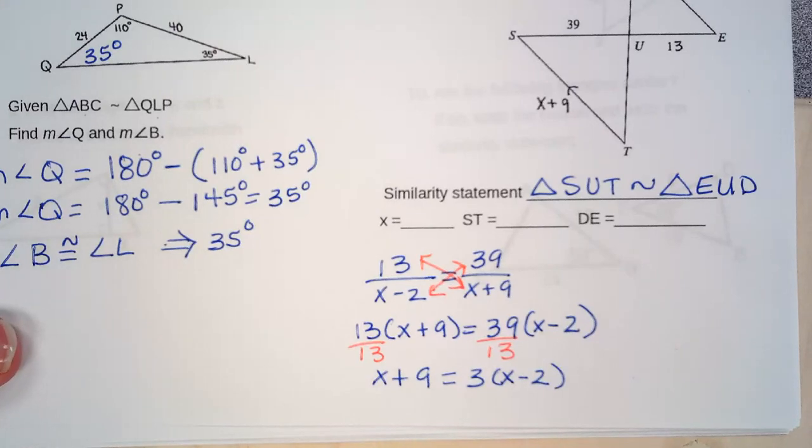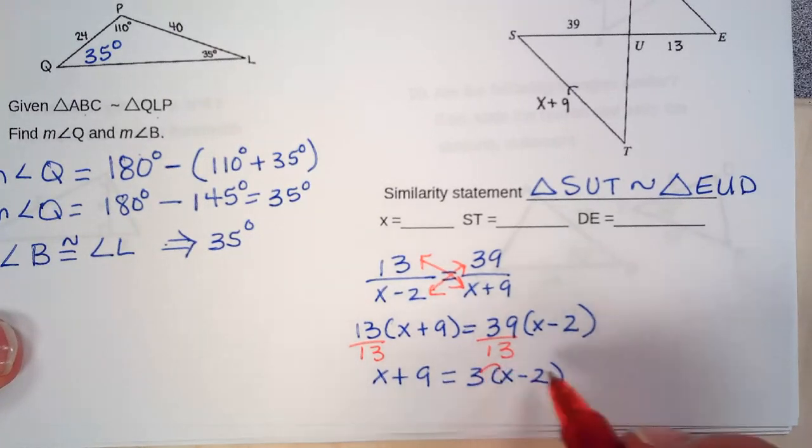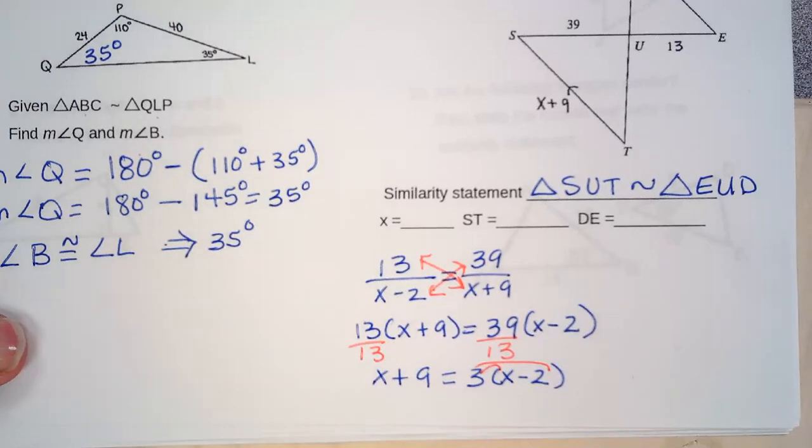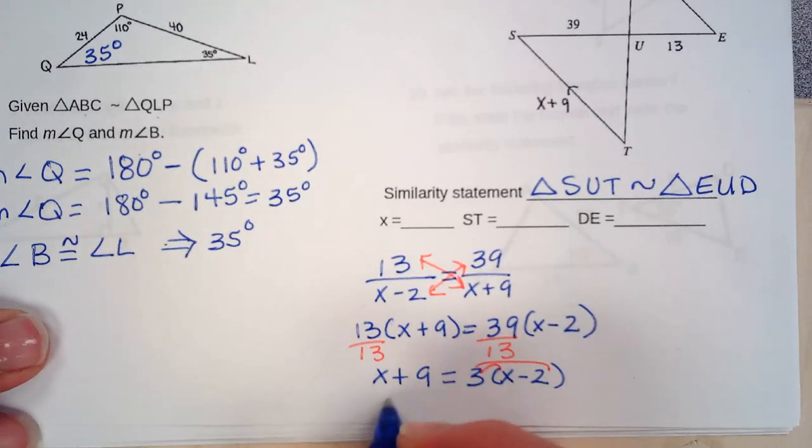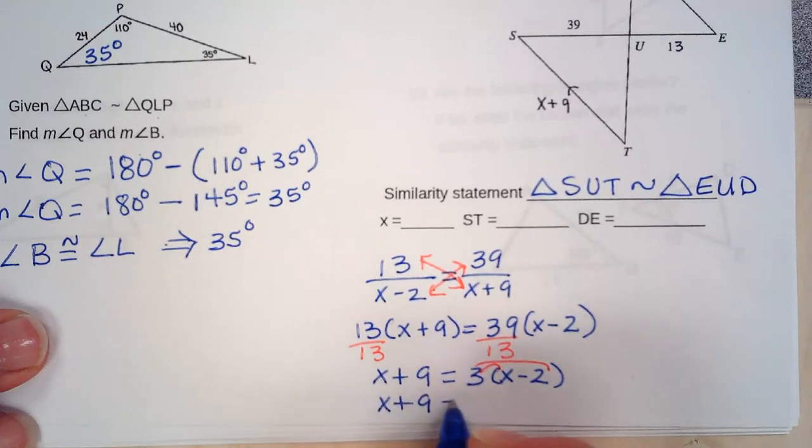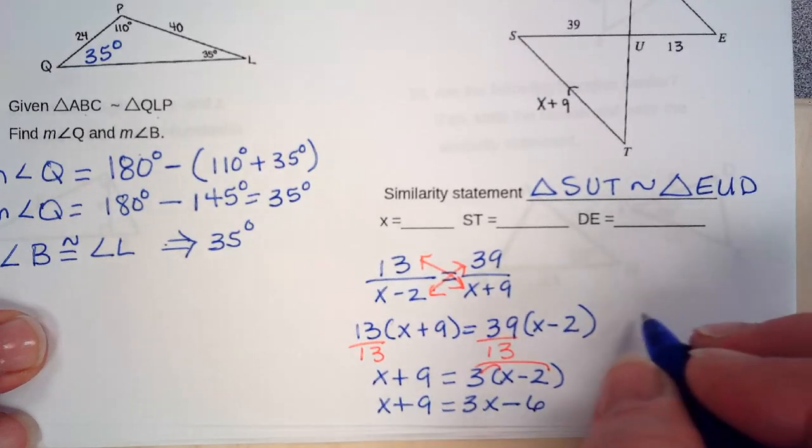Now, I still have to distribute before I can solve. x plus 9 is equal to 3x minus 6.